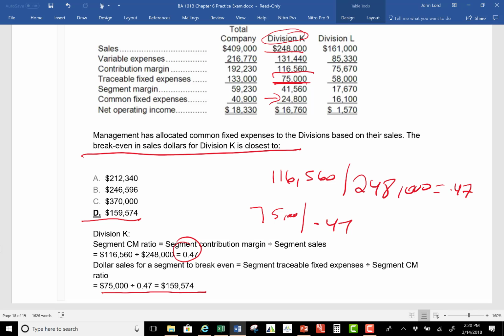The idea is that if it's common, even if you got rid of the K division, you'd still have the entire 40,900 of common cost. I don't know what basis they used to allocate these. It doesn't matter, it's not going to affect the break even. That's a good question. I'm so used to just looking at the traceable. I don't even know why they did that other than to confuse you.